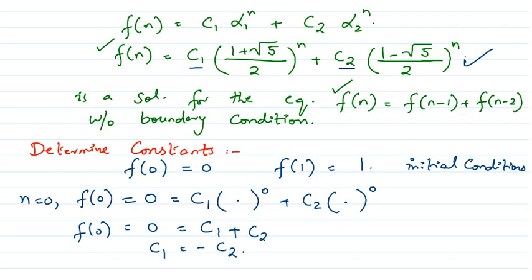So this is one relationship between these two, that they are just the sign reciprocal of each other, that is, if one is positive then the other one is negative. So let me call it equation 1. Let's move forward and work with f of 1, that is 1.